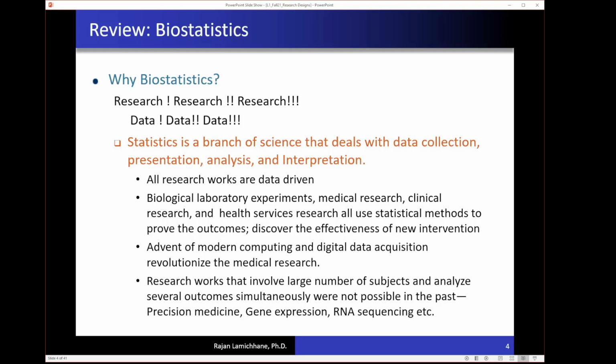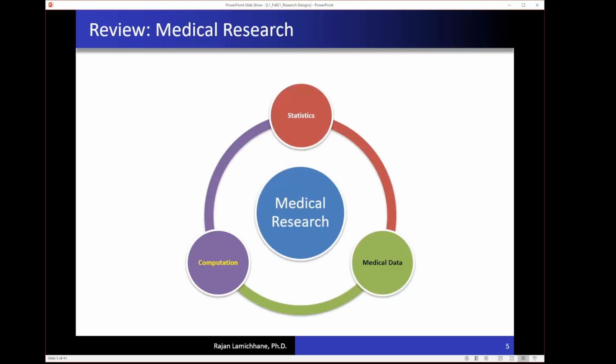So the concepts of precision medicine, big data, gene expression, proteomics, or RNA sequencing were not possible to do in the past. So when I say medical research, nowadays medical research is composed of three major parts.